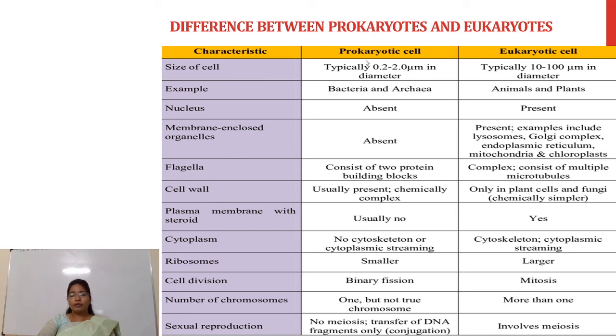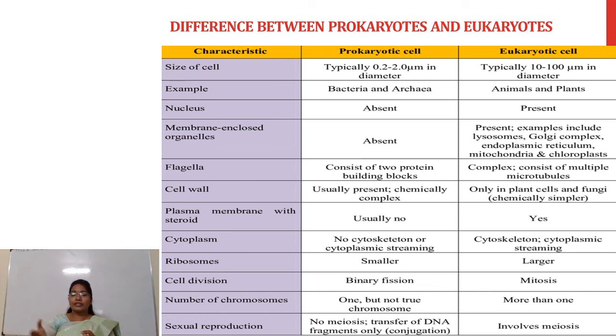The next difference is of sexual reproduction. True sexual reproduction is absent in bacteria. Instead of that, there is only transfer of genetic material. This genetic material transfer can take place by transformation, transduction, and conjugation.